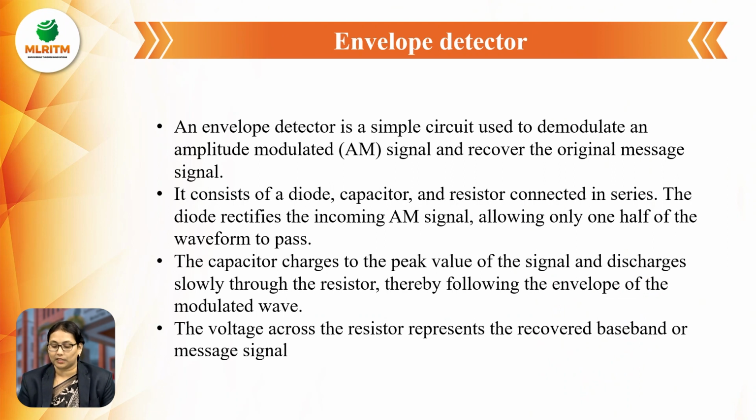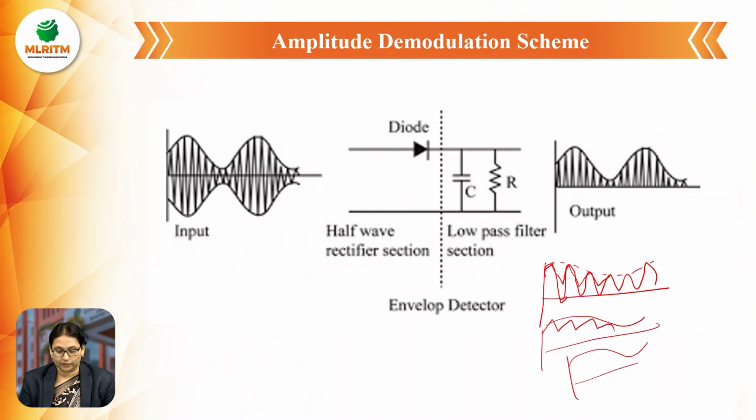Envelope detector is a simple circuit used to demodulate an amplitude modulated signal and recover the original message signal. It consists of a diode, capacitor and resistor. The diode rectifies the incoming AM signal, allowing only one half of the waveform to pass. In the input we have both positive and negative sides.